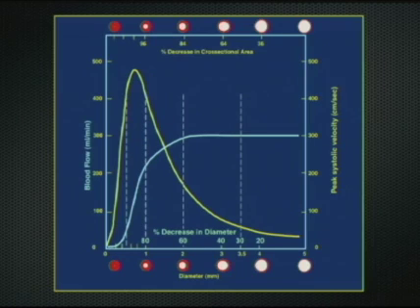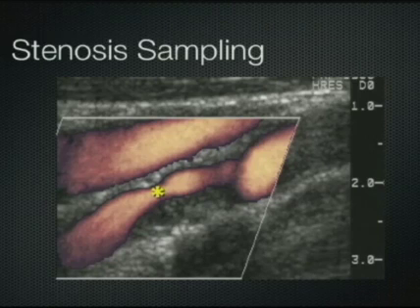But beyond a diameter reduction of 60%, we begin to see a decline in the blood flow, increasing rapidly as we go from 60 to 80 to greater than 90% diameter reduction. These relationships are displayed in this fashion, which is called a Spencer diagram.